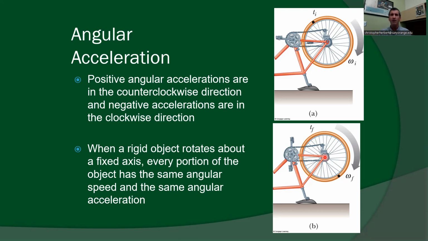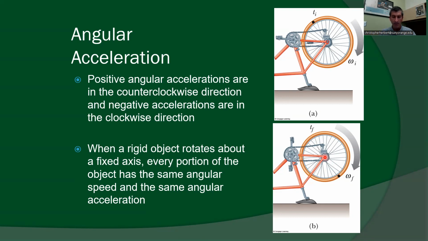In most cases, we're not going to be so concerned about the actual orientation of these vectors, because again, we're really reducing our motion to rotation inside the plane of our computer screen or the plane of our paper if we're doing this problem with pen and paper.